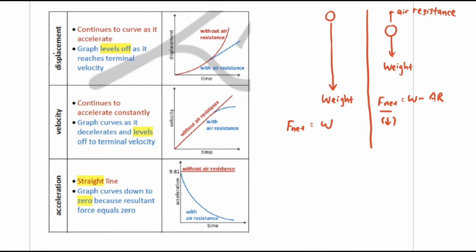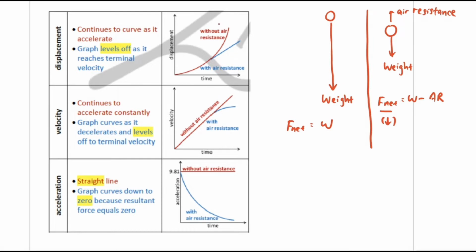Now let's see the information here. Displacement: without air resistance, the graph continues to curve as it accelerates.